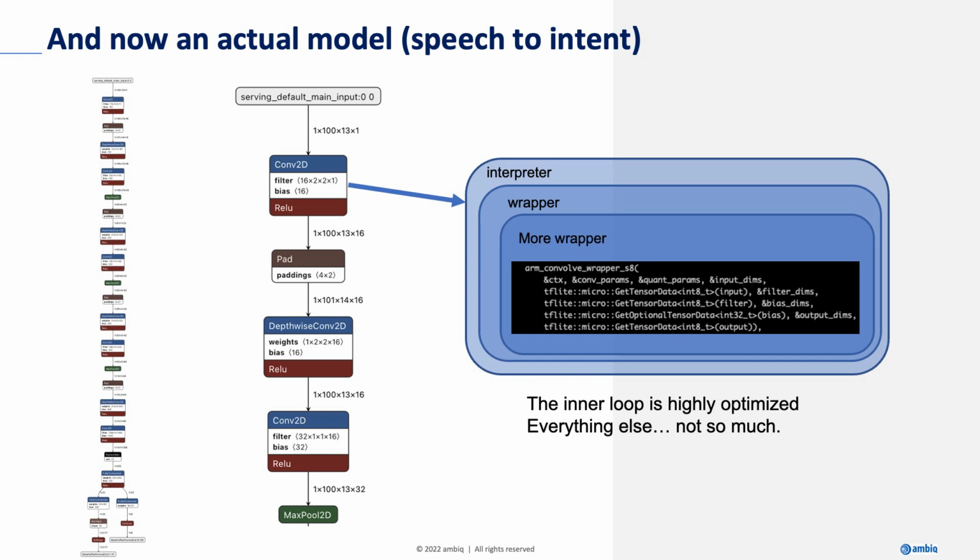The reason I cut and paste that there is that you see there's a lot of inputs even to that. You have to compute all those inputs and put them in the right shape. You're telling CMSIS what the input dimensions are, what the input actually is, what the filter dimensions are. When you're talking about a convolution, there are these filters. You talk about the quantization details, bias details, and then you have to talk about the output.